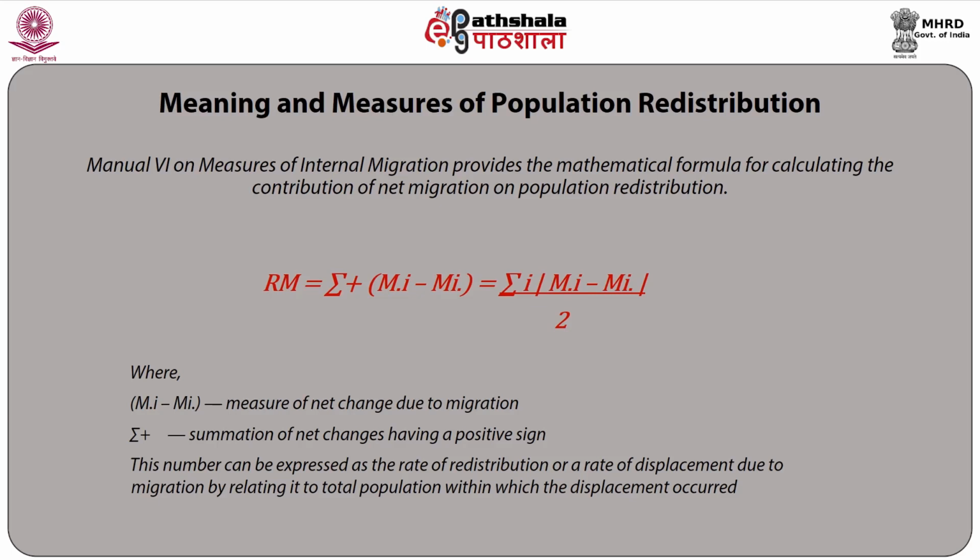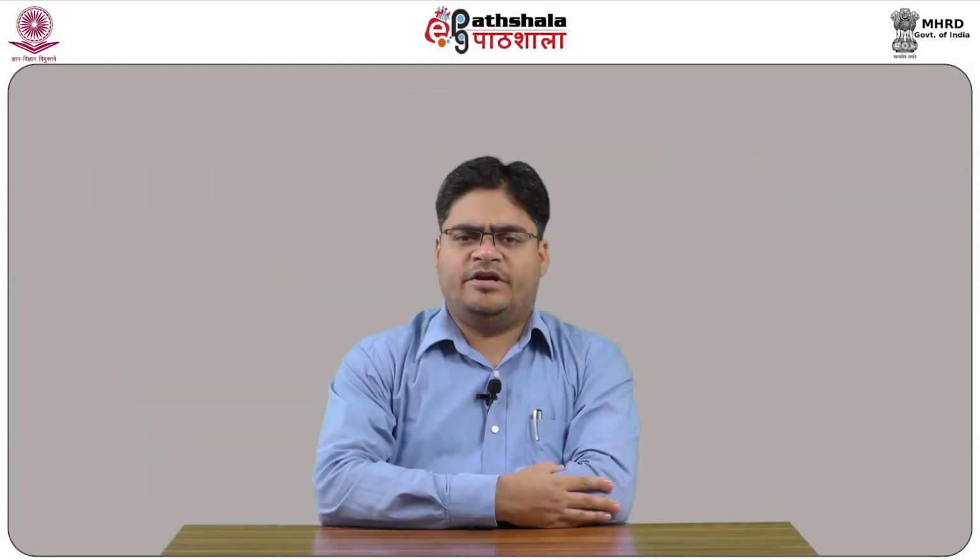This number can be expressed as the rate of redistribution or a rate of displacement due to migration by relating it to total population within which the displacement occurred. An appropriate base is the average population.